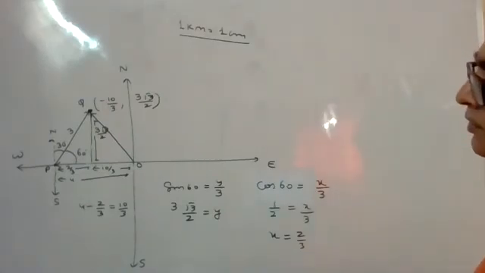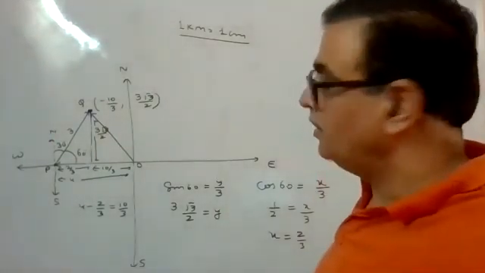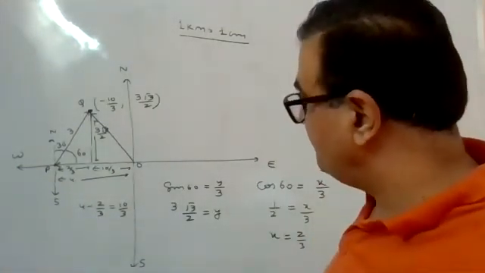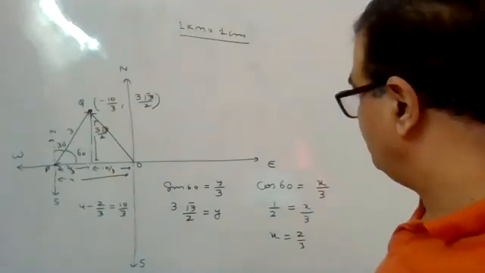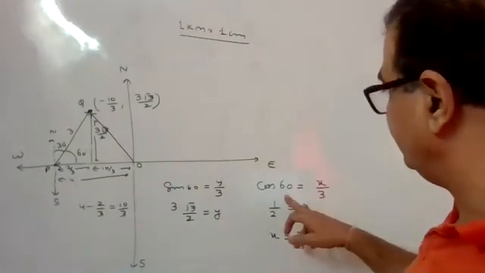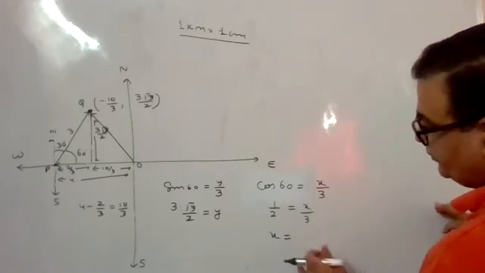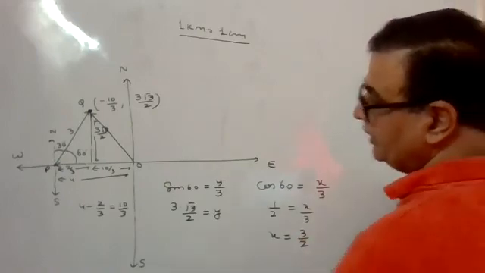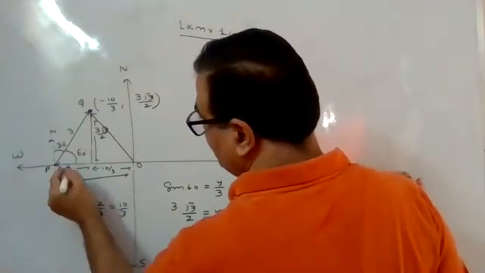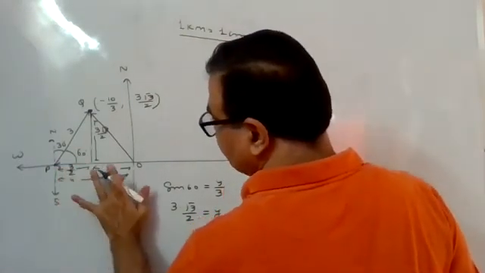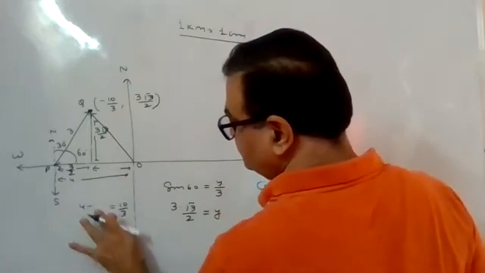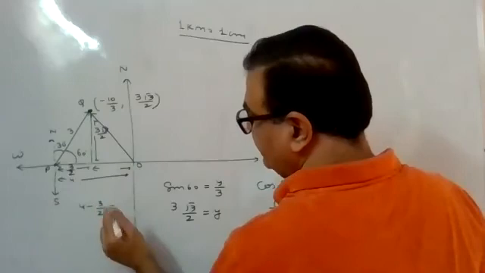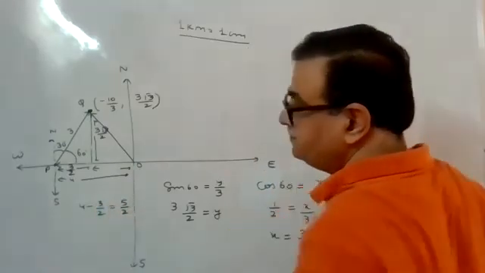Yes or no? X value 3 by 2 आएगी. वैल्यू 3 by 2 होगी cos 60 क्यों दे? Cos 60 is what? अच्छा ये उल्टा लिख दिया 3 by 2 sorry. तो x is 3 by 2 तो ये गलत लिखा है फिर sorry. ये 3 by 2 होगा. If it is 3 by 2, what this will be left now? 4 to the 8, 8 minus 3, 5 by 2.